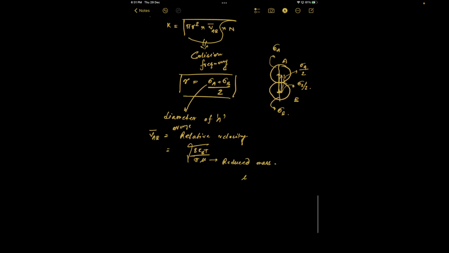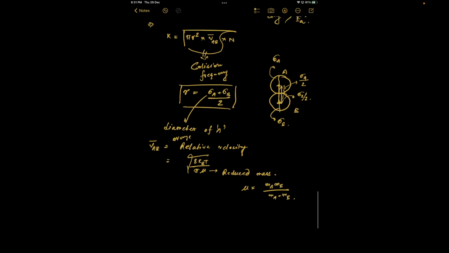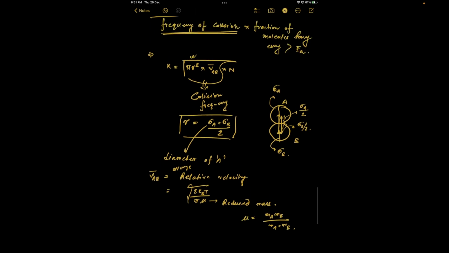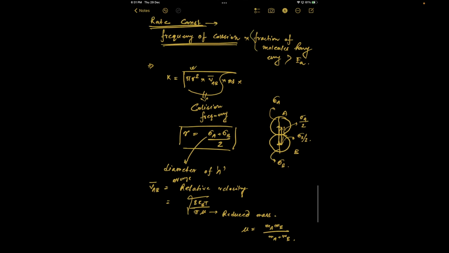Mu has the particular form Ma Mb divided by Ma plus Mb, right? So this is the expression of collision frequency times N. N is the Avogadro number. Then we have to consider the fraction of molecules having energy greater than Ea. So it will be a Boltzmann factor, that means exponential minus Ea divided by RT.